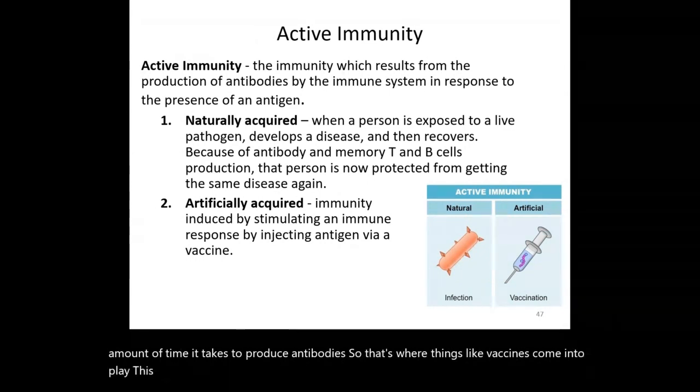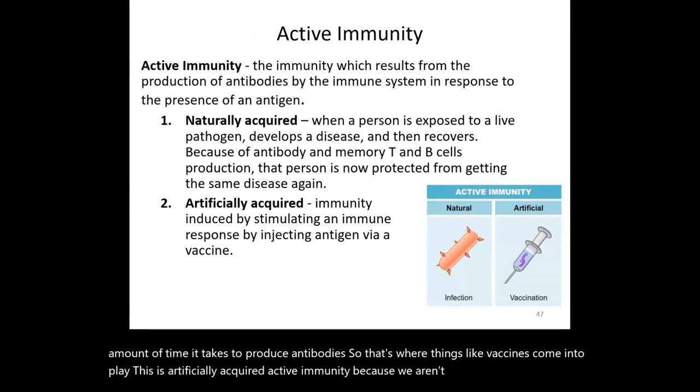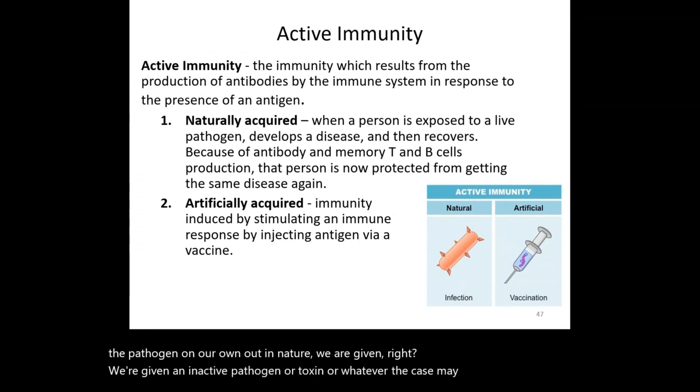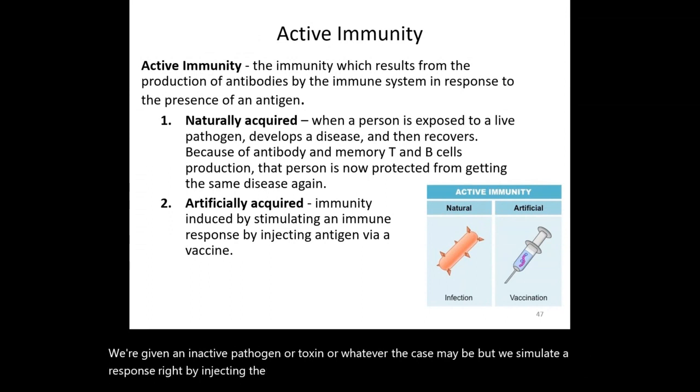This is artificially acquired active immunity, because we aren't actually just encountering the pathogen on our own out in nature. We're given an inactive pathogen or a toxin or whatever the case may be, but we simulate a response by injecting the antigen into our body.